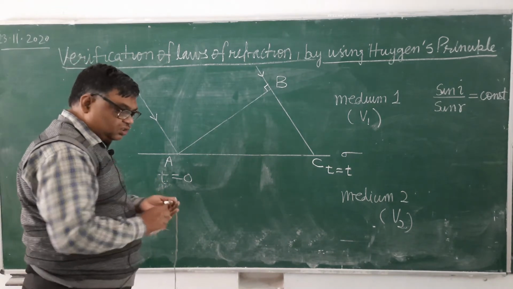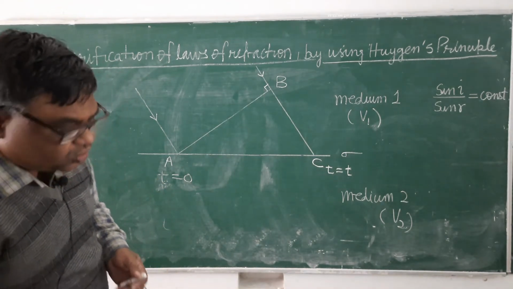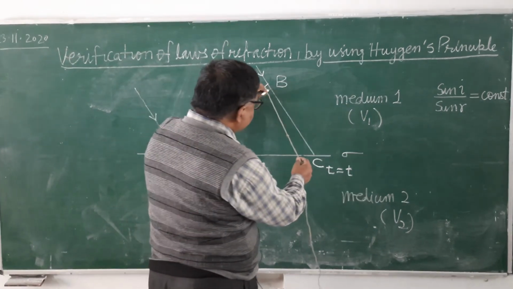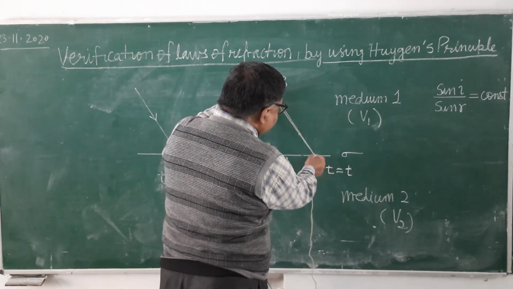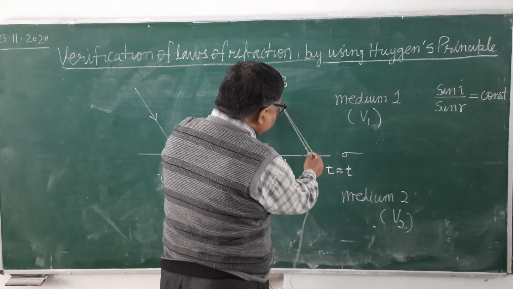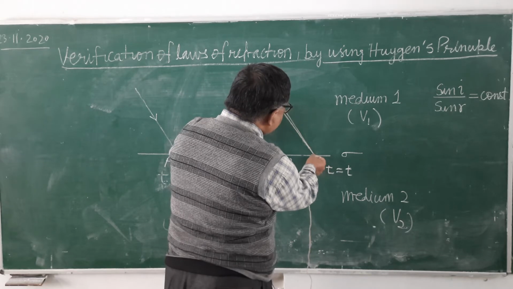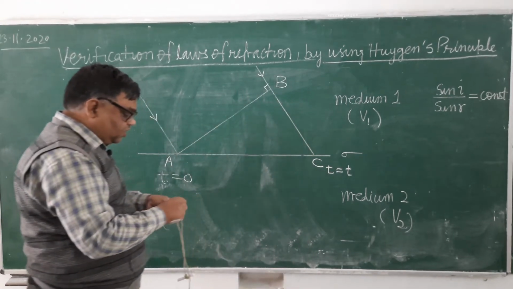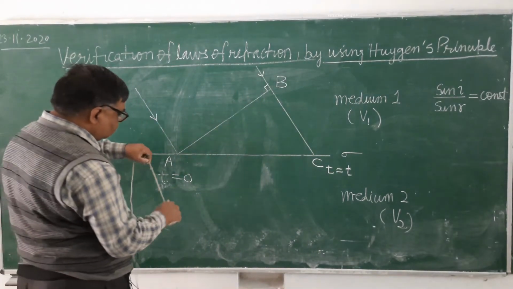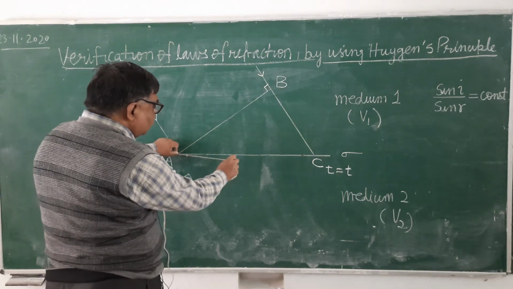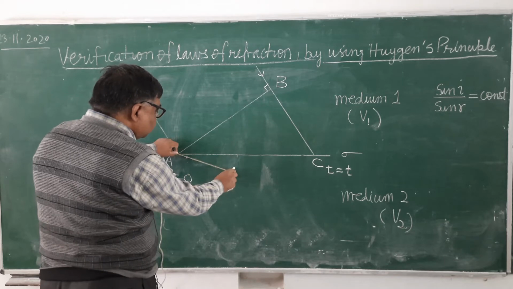Here I will draw the circle, but actually that is a sphere. So now how will you draw? Here you will take a radius smaller than BC. I have taken this radius. It's clear? With this radius, with A as center, you draw the circle.